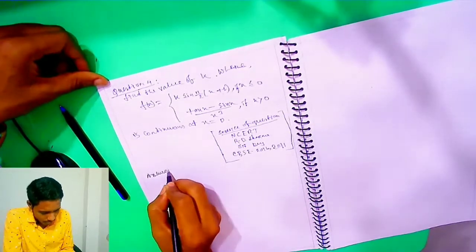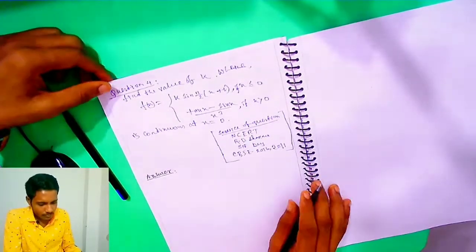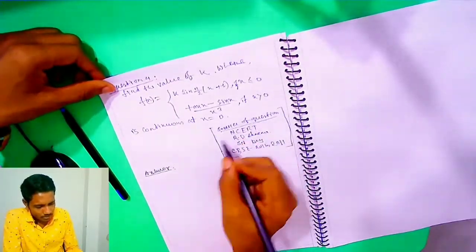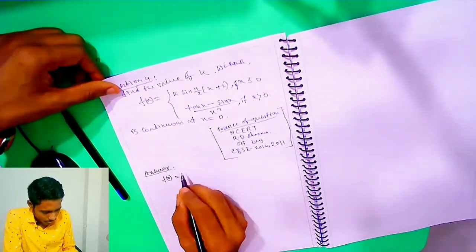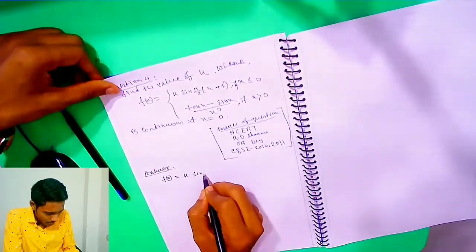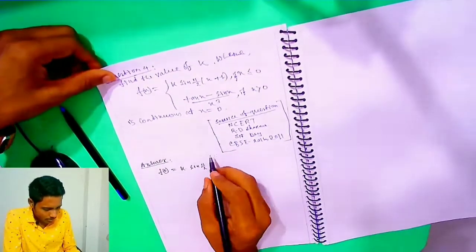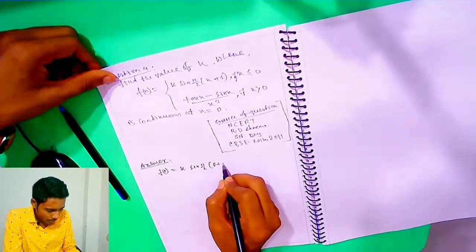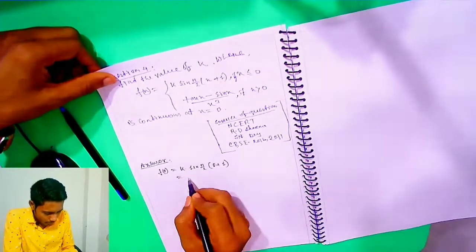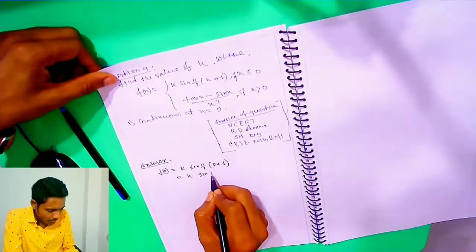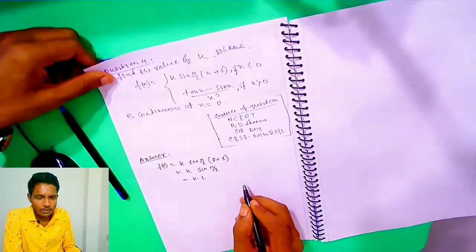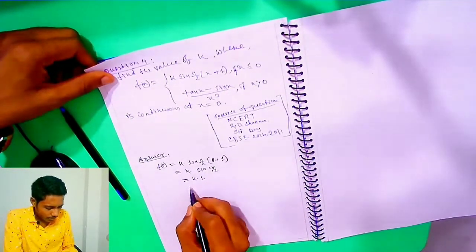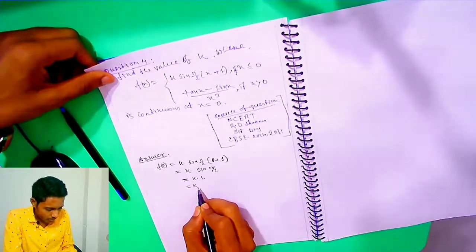Answer. f of 0 is k multiplied by sine of pi by 2 into 0 plus 1, which is equal to k into sine pi by 2, which is equal to k into 1. This implies f of 0 is equal to k.